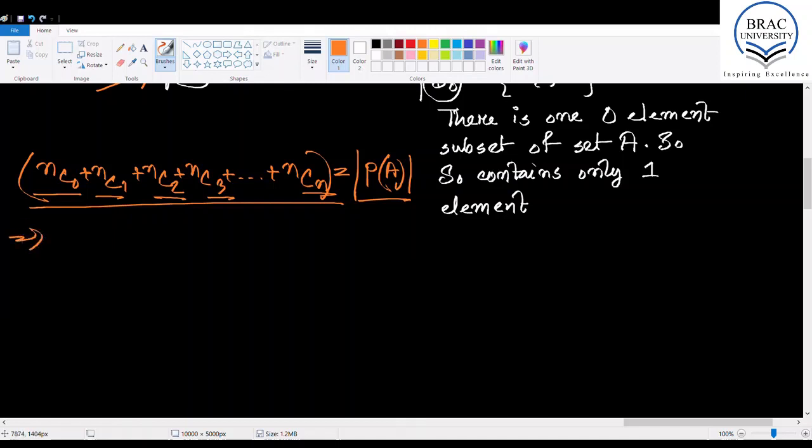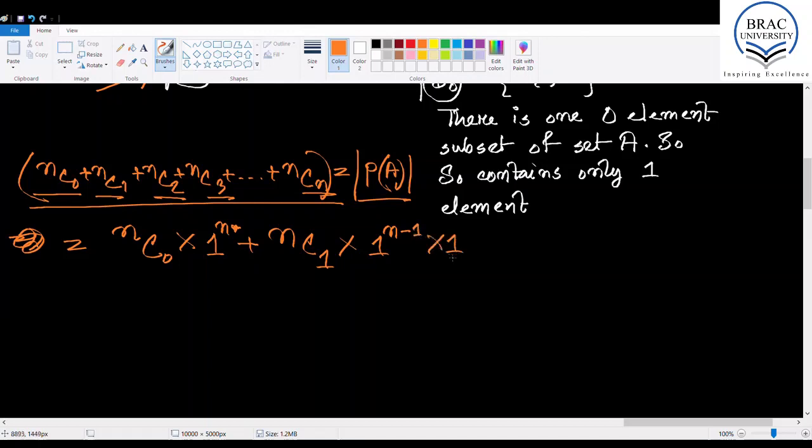Okay, we can do this like NC0. If we multiply 1 to the power n with this, will it change the value? No. NC1, we will multiply 1 to the power n minus 1 and 1 with it. Will it change the value? No, because this will be 1.